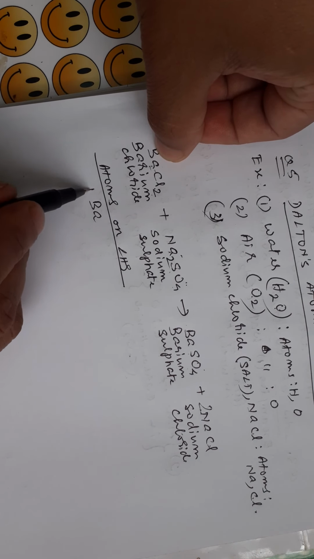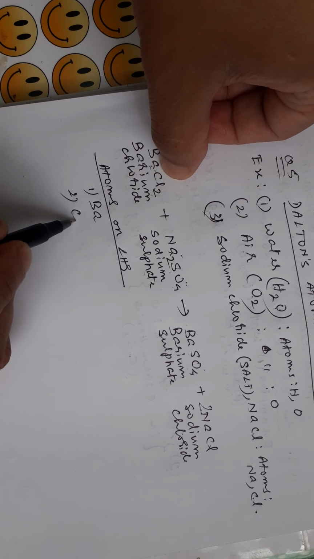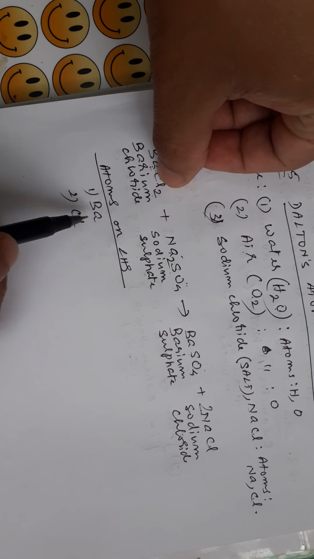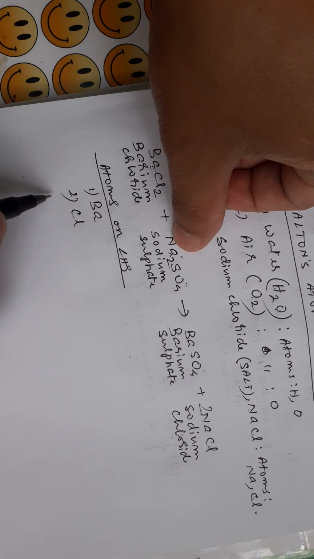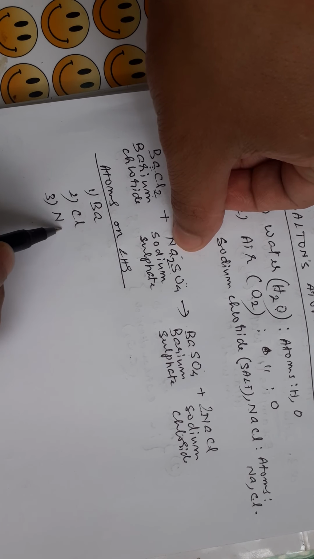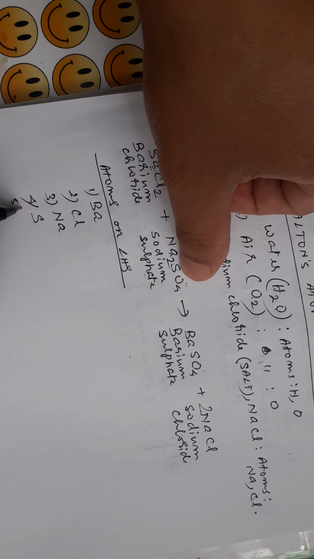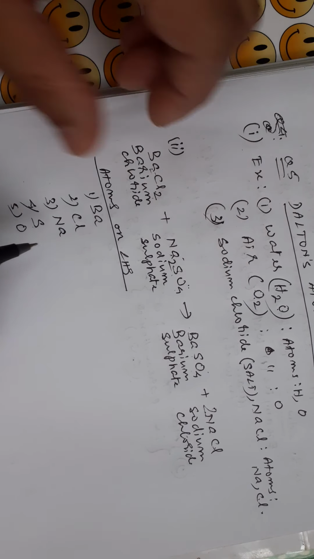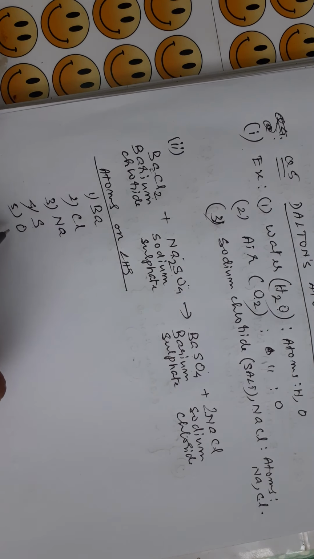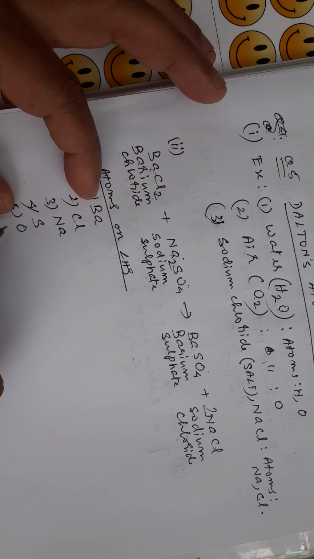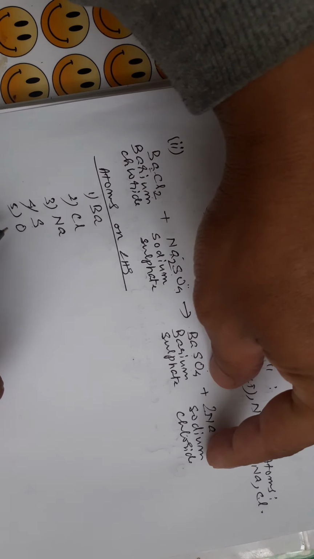Then chlorine atom. Not the number of atoms, type of atoms. Okay, so the third type of atom found on the left side, sodium atom. Fourth, sulfur atom. The fifth, oxygen. Only these 5 atom types are found on the left side.